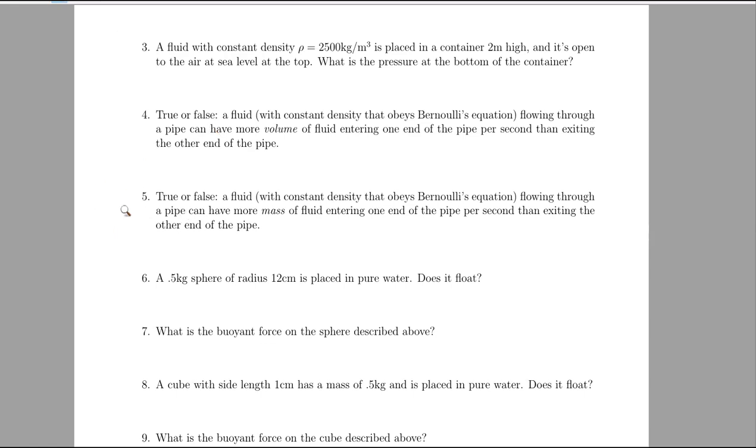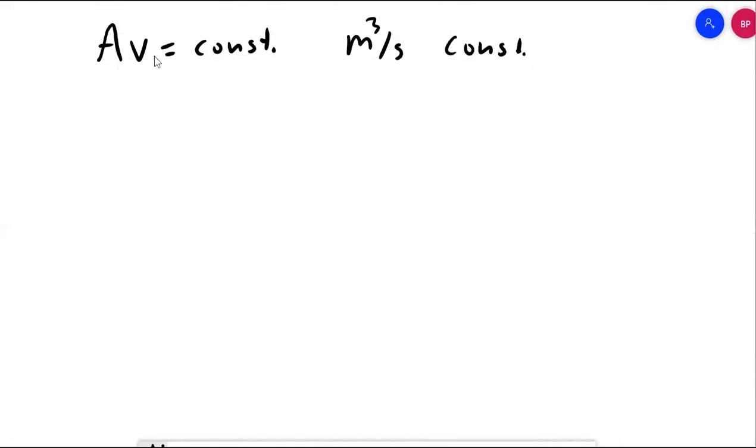All right, our next one says true or false. A fluid with constant density that obeys Bernoulli's equation flowing through a pipe can have more mass of fluid entering one end of the pipe per second than exiting the other end of the pipe. This is also false. Our more general form of the continuity equation, which does not assume that density is constant, says that the density times the cross-sectional area times the velocity is constant.